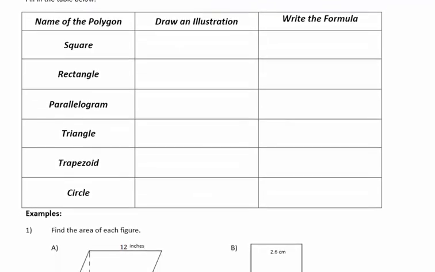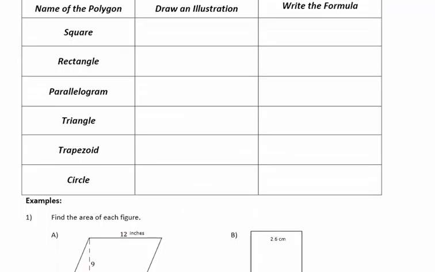This table here is all the formulas that you need to know. A square is where each side is the same length. So if it's 5 on one side, it's 5 all the way around.